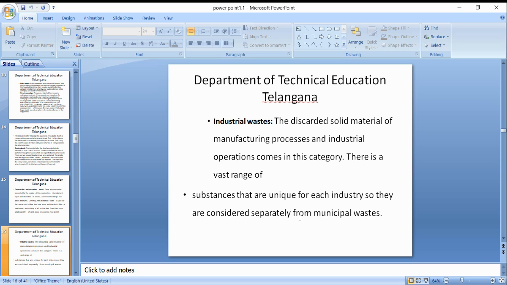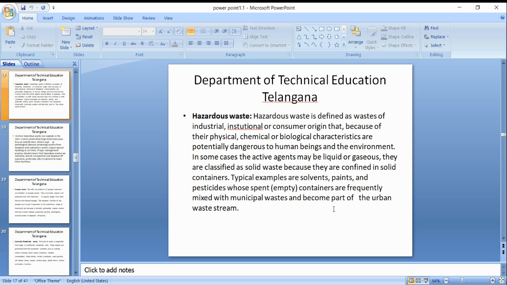They should be categorized and considered separately for each industry, distinct from municipal waste. They are unique and not connected to the municipalities.